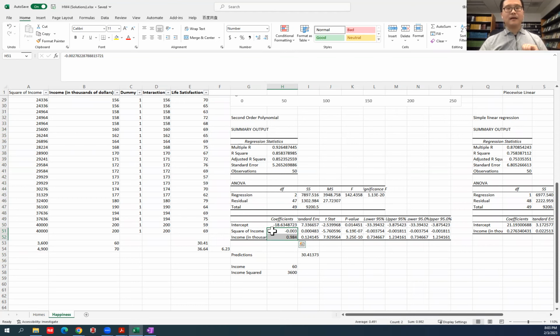With the squared term added, we could use the same principle as what we practiced in the house price example to generate predicted value. I did it here.